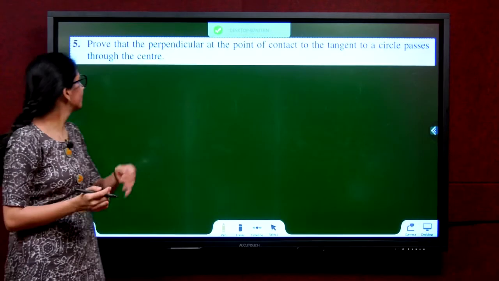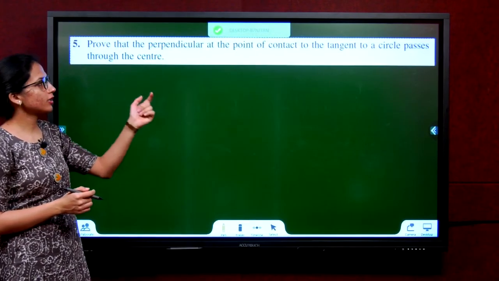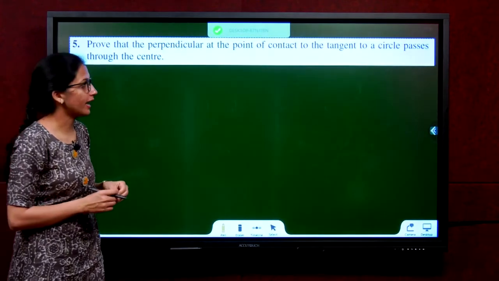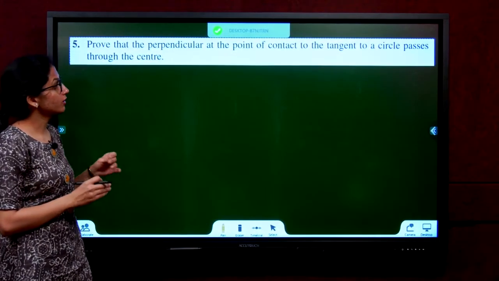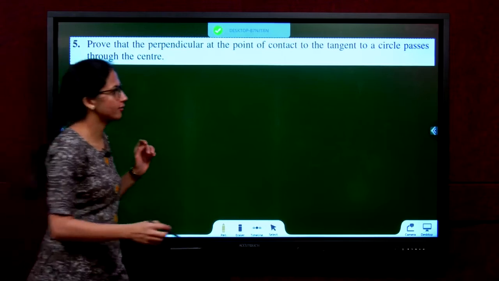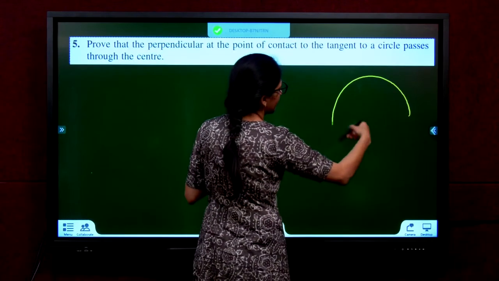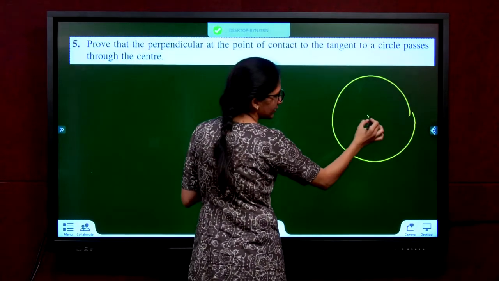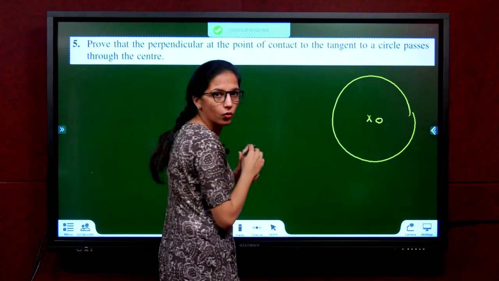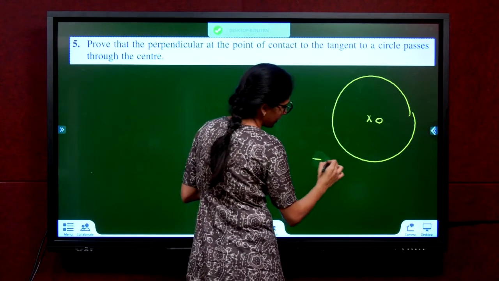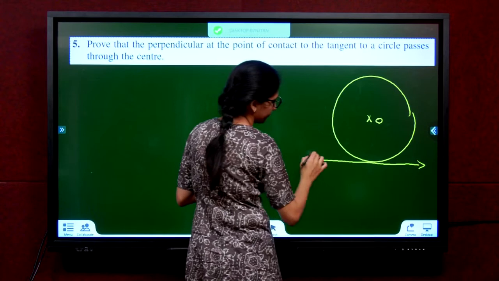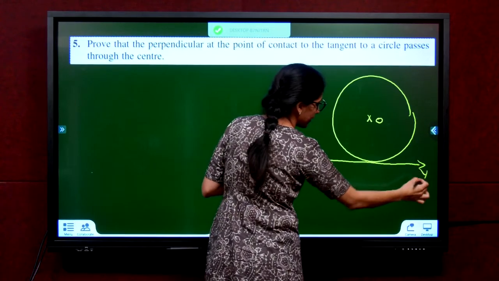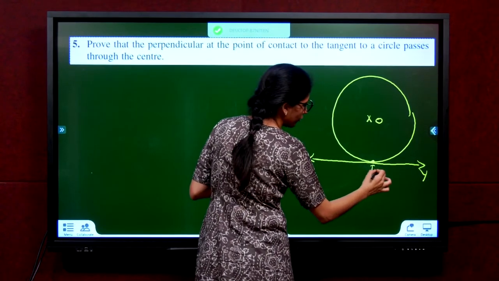Question 5. Prove that the perpendicular at the point of contact to the tangent to a circle passes through the center. Let us say we have a circle. Circle has center O. Take a tangent XY. Let P be the point of contact.